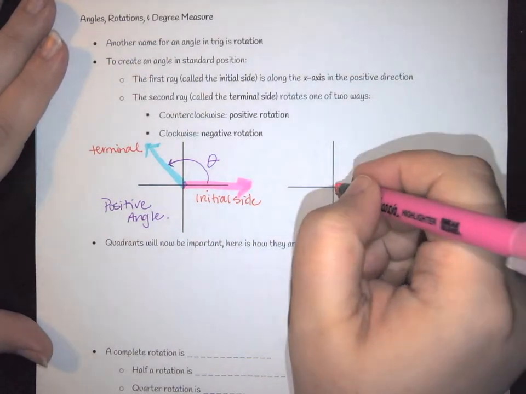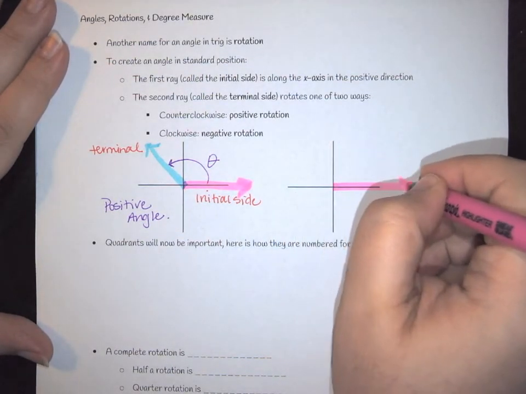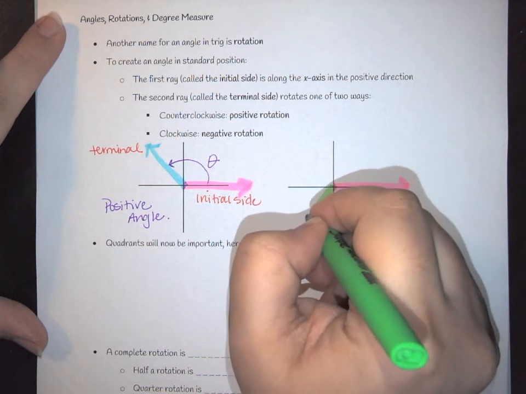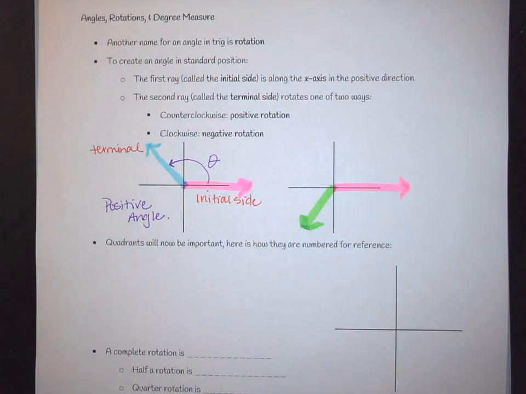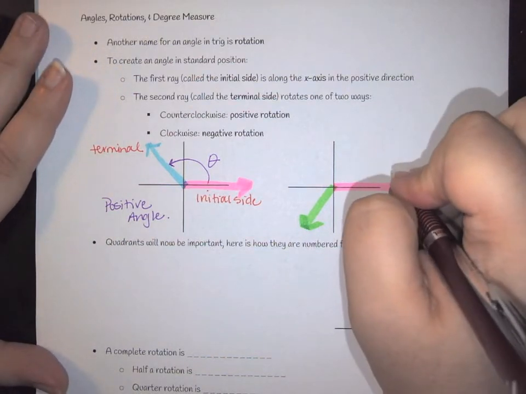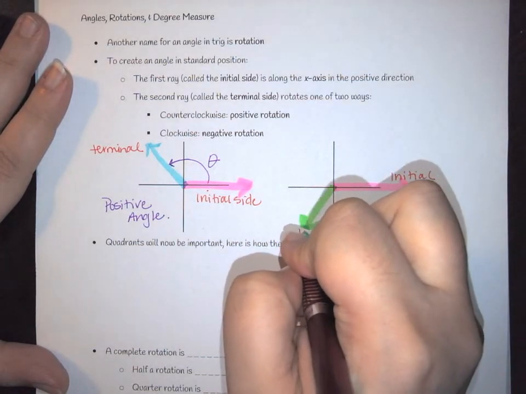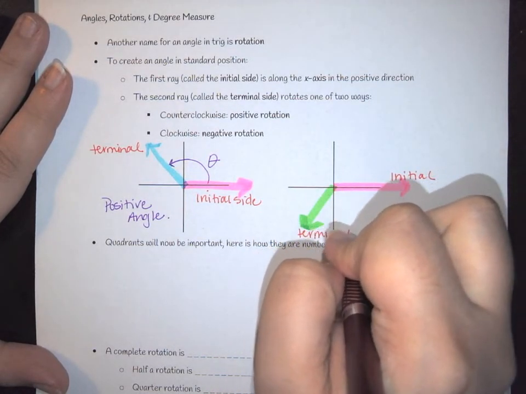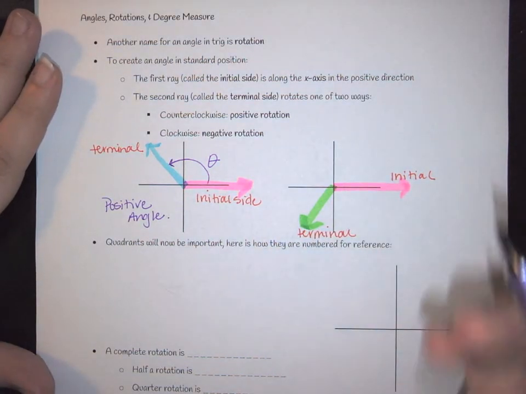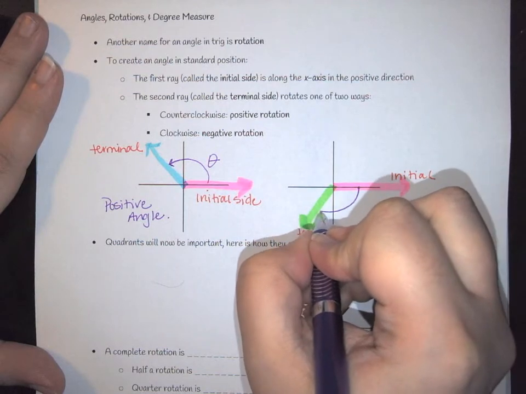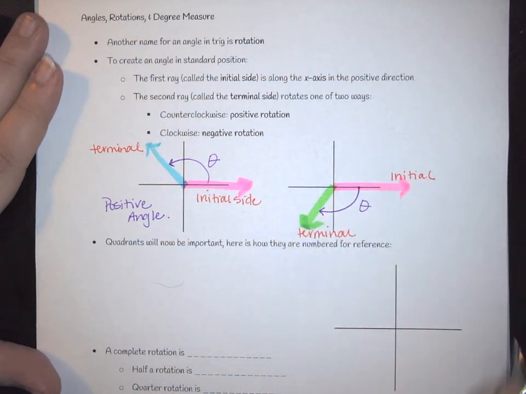So again, if we have this initial side that comes straight out here, and then we had some terminal sides, so let's say this one here, and this time it's down below that 180 degrees. So again, we know that this is that initial side. We know that the green one is your terminal side. Well, what we know from here is that we're still going to start on the initial side and we're going to travel over to your terminal side, and again, this is my angle.